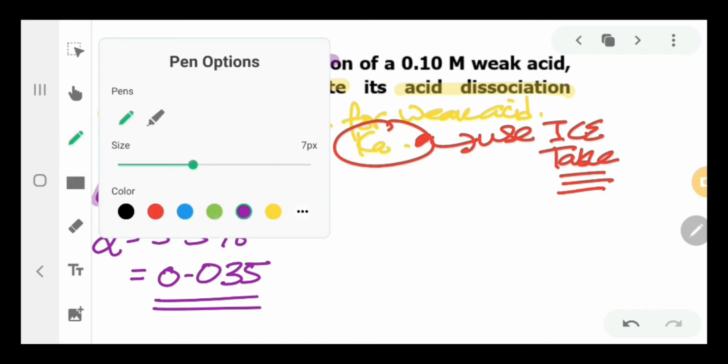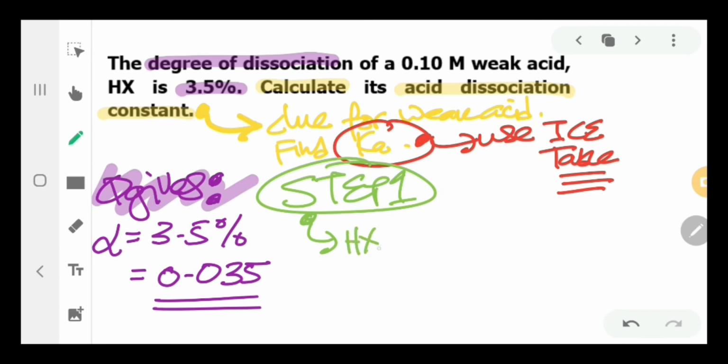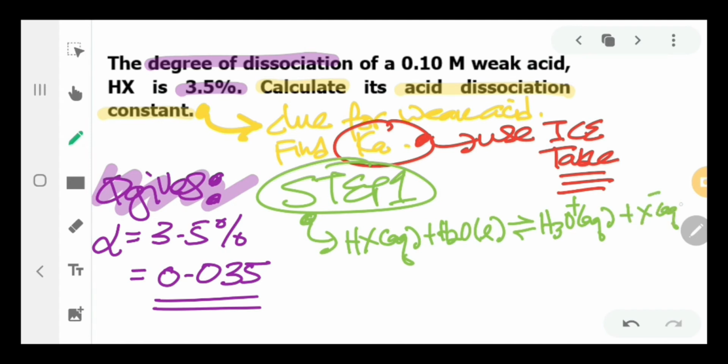So the first step that we need to do is to write the balanced equation of HX. We don't know what this is, so HX aqueous plus H2O liquid, and you're going to be producing H3O plus aqueous plus X minus aqueous.